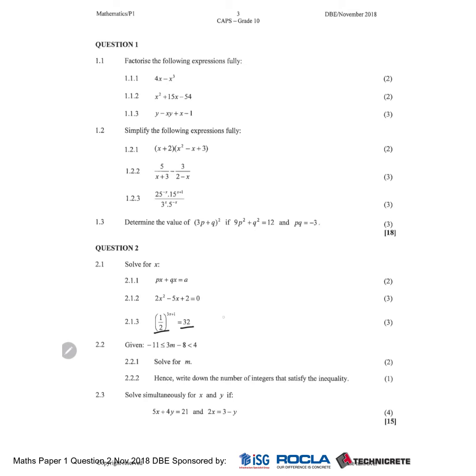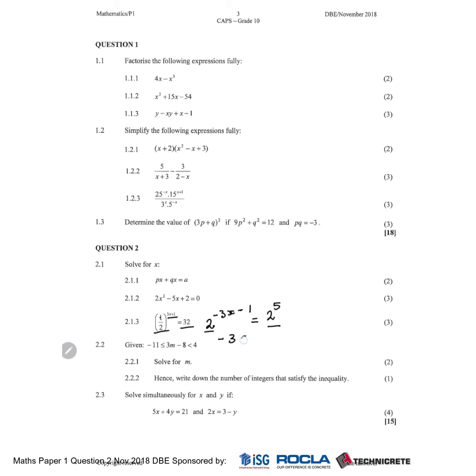A half, I'm going to try and turn it into a 2, so that means if we bring that to the top, we have to change this to a minus. So it becomes that. And 32 is the same as 2 to the power of 5.